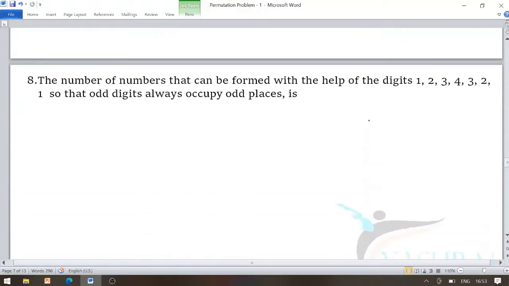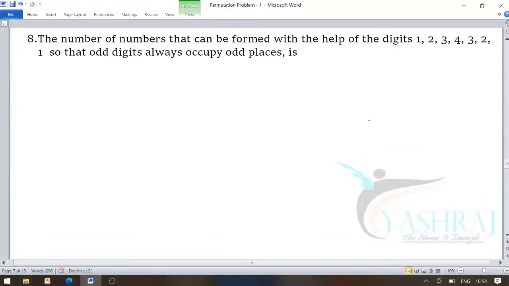Now look at the next problem. The number of numbers that can be formed with the help of the digits 1, 2, 3, 4, 3, 2, 1, so that odd digits always occupy odd places. So firstly, the 4 odd digits we are having here, I will write them first.